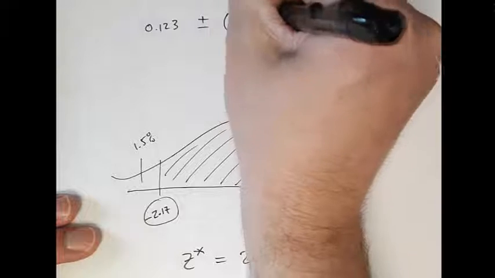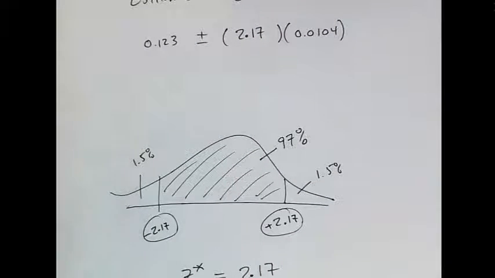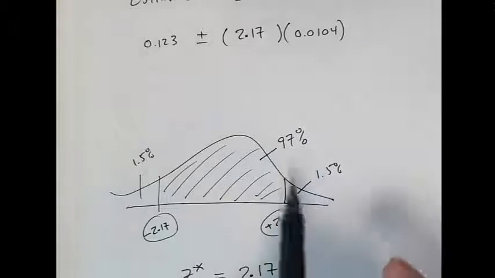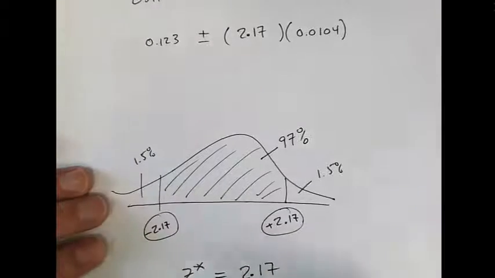So you can just put in 2.17. Now, remember that 95% confidence is 1.96, right? 90% is 1.645. So we have those three values that are commonly used, but you should be able to look up any confidence level value with this method and using the Z-table.